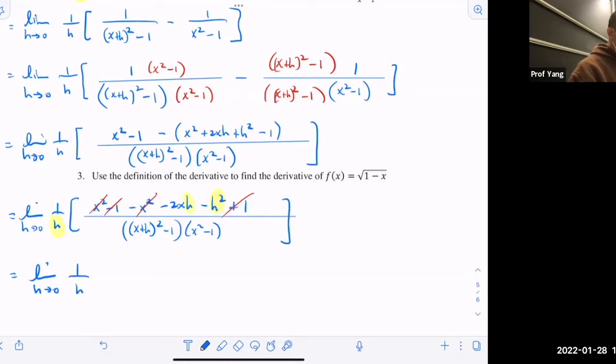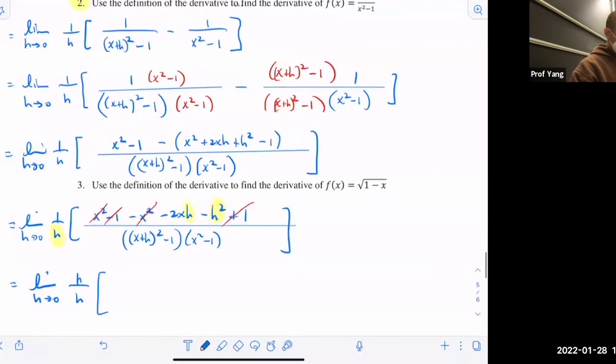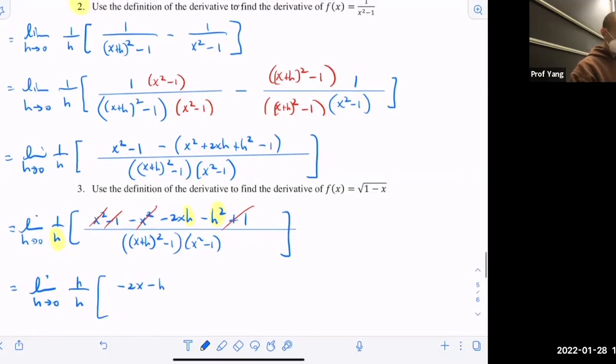I can factor out an h from the top, and I get minus 2x minus h. And on the bottom, I'm going to have (x plus h) squared minus 1 times x squared minus 1.